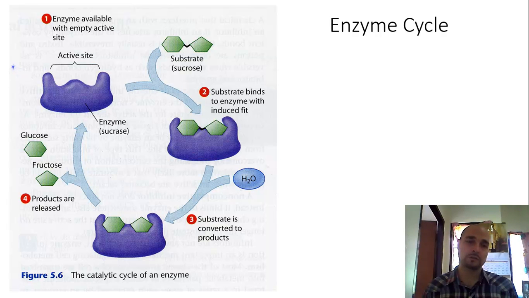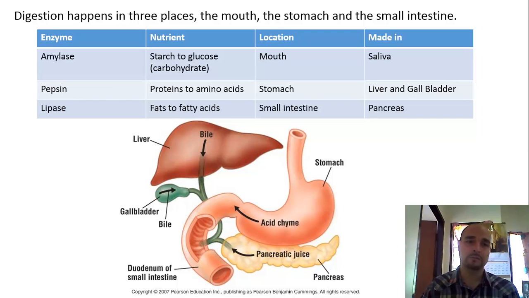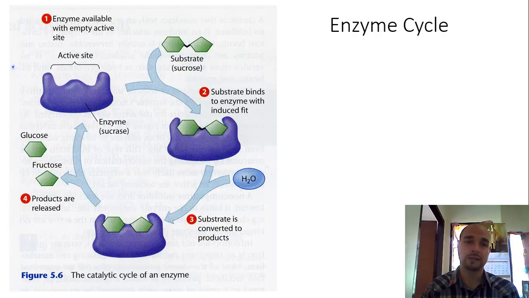It would be like lipase, breaking down fats to fatty acids. It's like a key, and it latches on to the molecule, and it fits perfectly, and then it's able to break the bond, the connection that holds the molecule together.